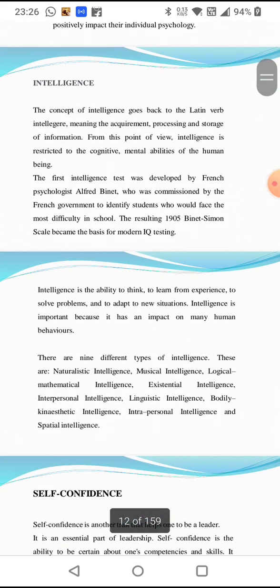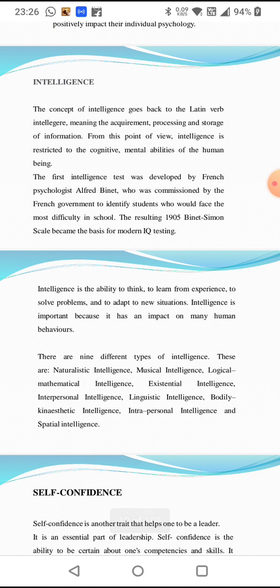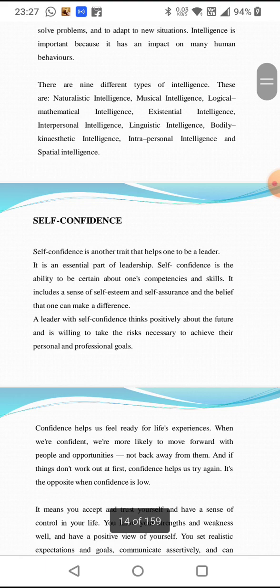Intelligence is the ability to think, to learn from experience, to solve problems, and to adapt to new situations. It is important because it has an impact on many human behaviors. There are different types of intelligence: naturalistic, musical, logical, mathematical, existential, interpersonal, linguistic, bodily, kinesthetic, intrapersonal, and spatial intelligence. So this was about one of the traits of the leader.